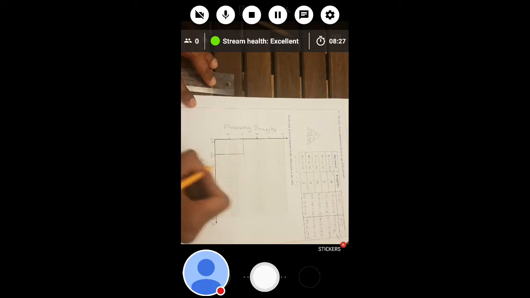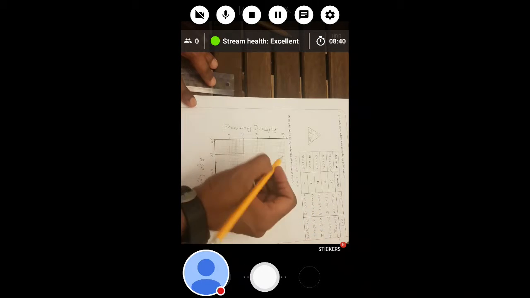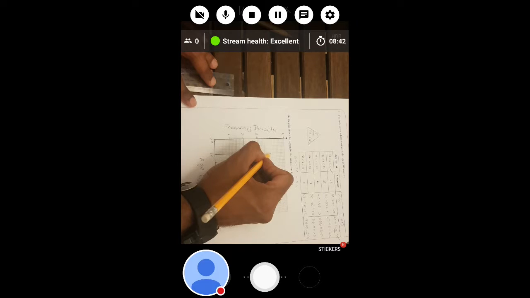This one's 30 to 35, so it's 31, 32, 33, 34, 35 over there, and its height is 4.4. So that's 4 over here, 4.1, 4.2, 4.3, 4.4.